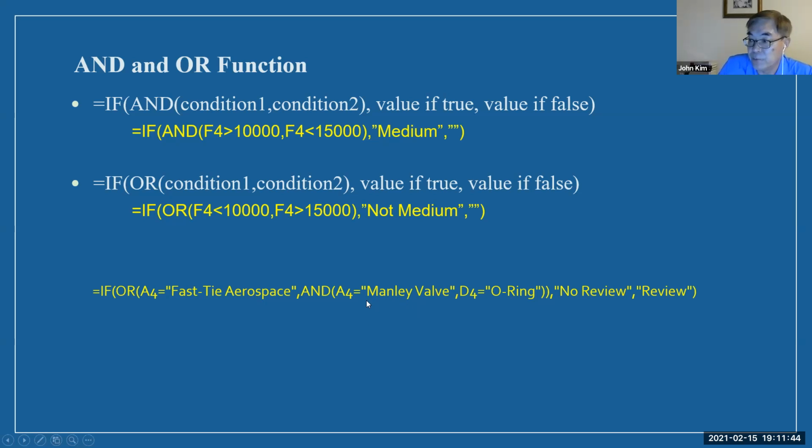So if many valve and O-ring, or fastener and aerospace, if it is right, true, then type no review. If it is false, then review.